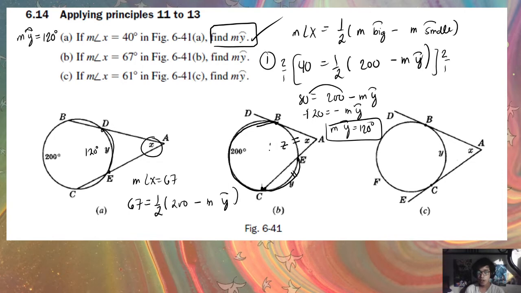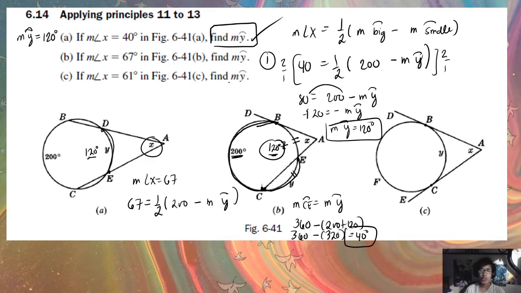This is going to give us 120 degrees. If this is 120 degrees based on our first solution, and this is 200, therefore we can solve for the measurement of arc y for our second problem. That's just 360 minus 200 plus 120. So that should give us 360 degrees, the total measurement of the arc in the circle, minus 320. And that should just give us 40.